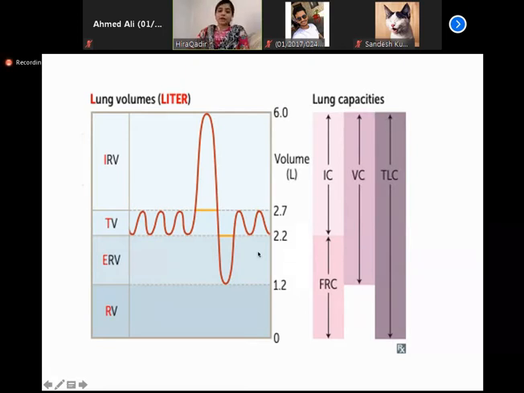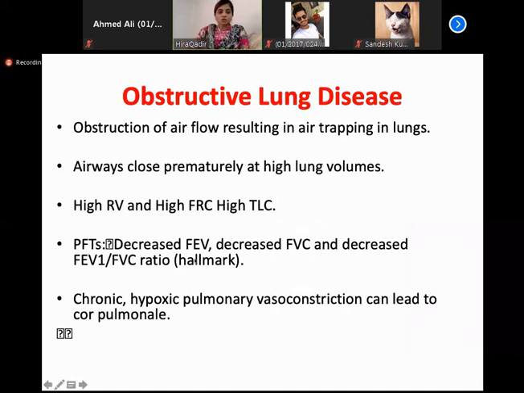In obstructive lung diseases, because there is obstruction, the patient can't breathe out properly, so the residual volume increases, and total lung capacity also increases. So on PFT, there are high residual volume, high functional residual capacity, and high total lung capacity.